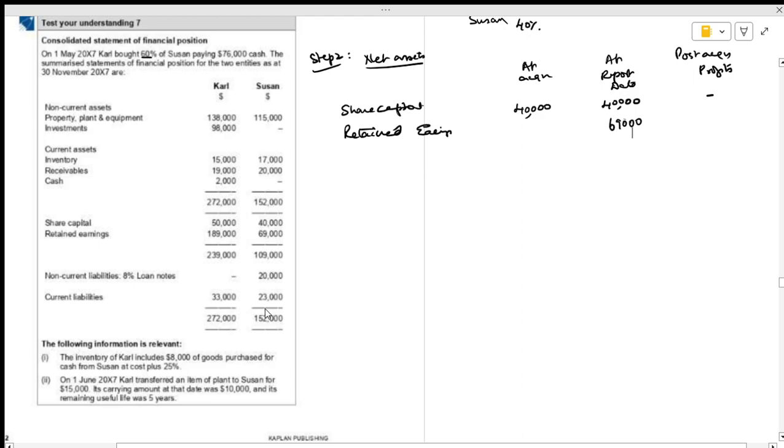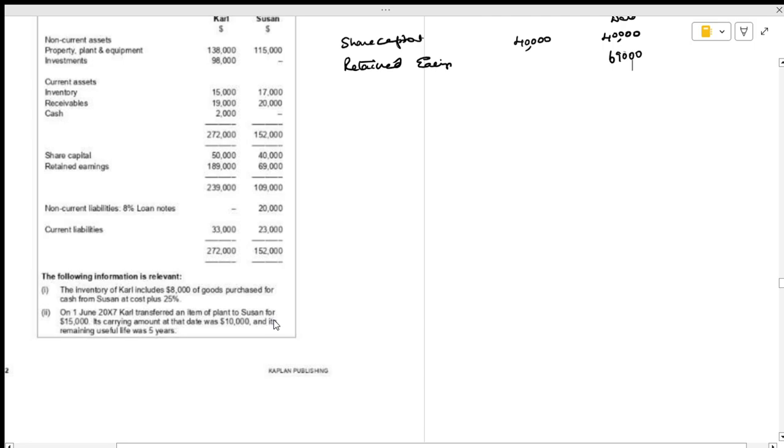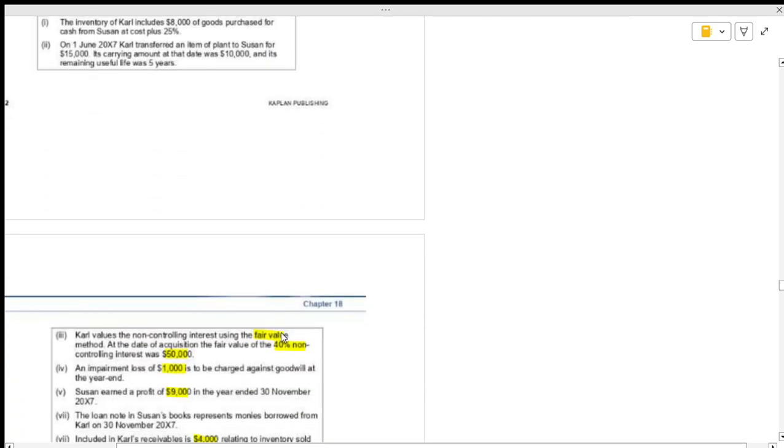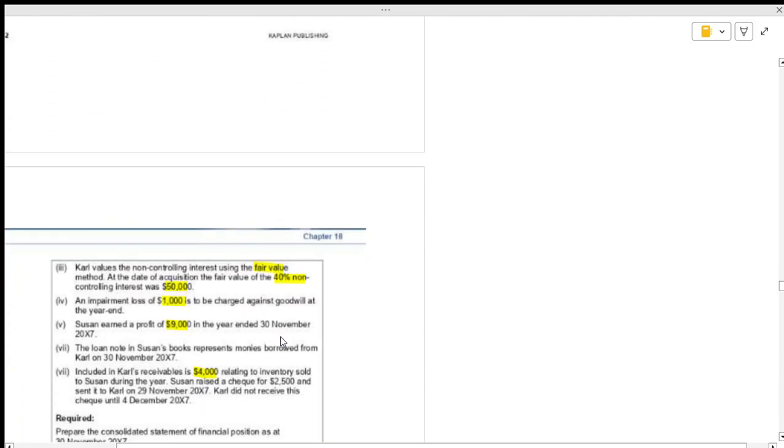At acquisition, retained earnings are how much?